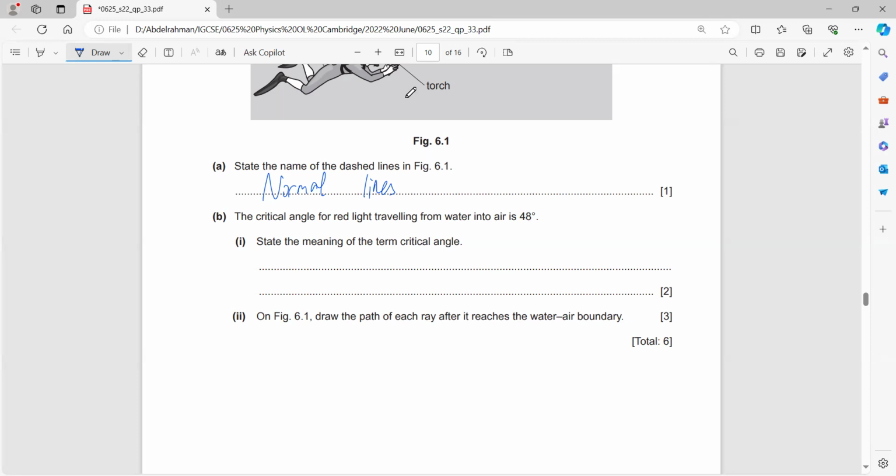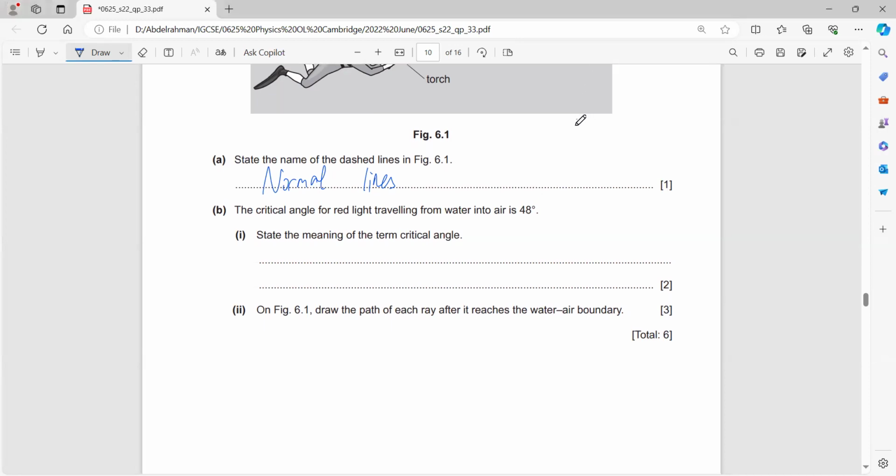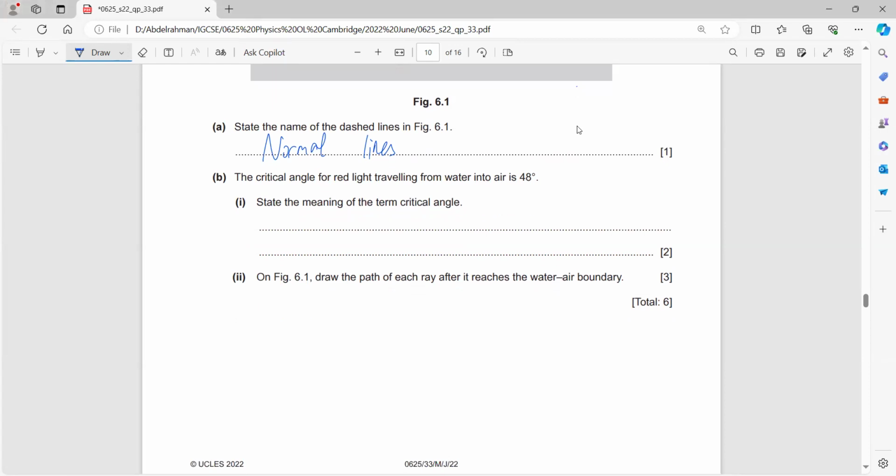I have to say that it is an angle of incidence. You must write it down. An angle of incidence. Oh, you said from the more dense medium. That's even better.